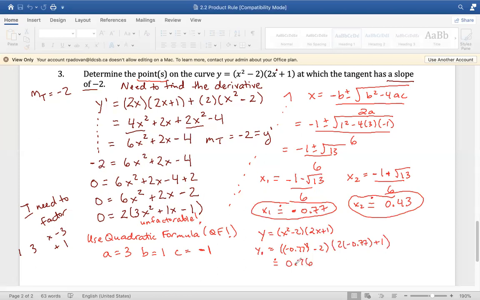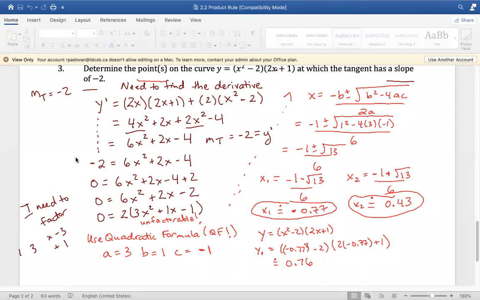And then same thing. Don't know if I'm gonna have room. We will try, sorry if it gets a little squished. And then y2, the second point, is I go back to my original x squared, but instead of x, I'm putting 0.43.